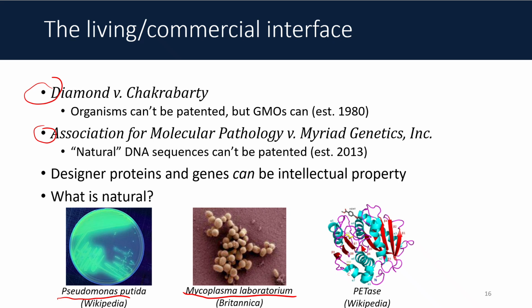Remember a few lectures ago when I mentioned that bacteria Ideonella sakaiensis, that bacterium that was found in a lake outside a water bottle factory that learned how to eat plastic waste by making its own PETase? How does your protein compare to this guy? Is it different enough to be patentable?